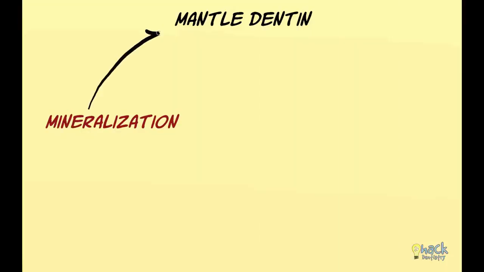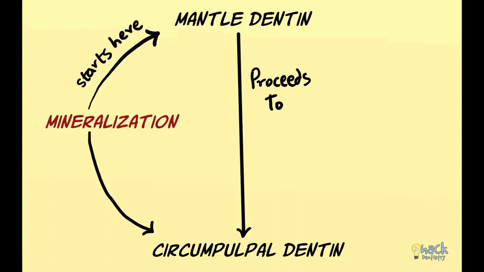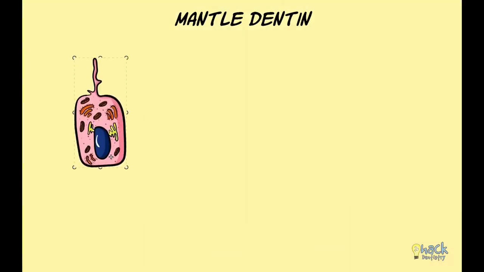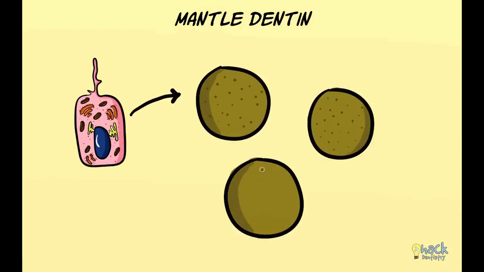Mineralization starts from the mantle dentine matrix and proceeds towards the circumpulpal dentine. When the odontoblast secretes the mantle dentine matrix, it buds off many membrane-bound vesicles called matrix vesicles that come to lie in the matrix below the inner enamel epithelium.